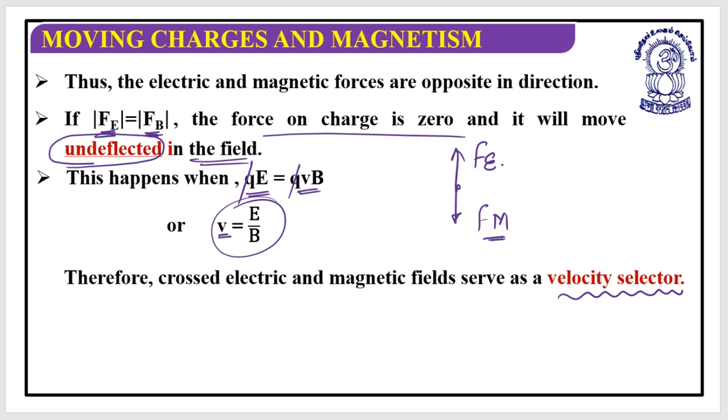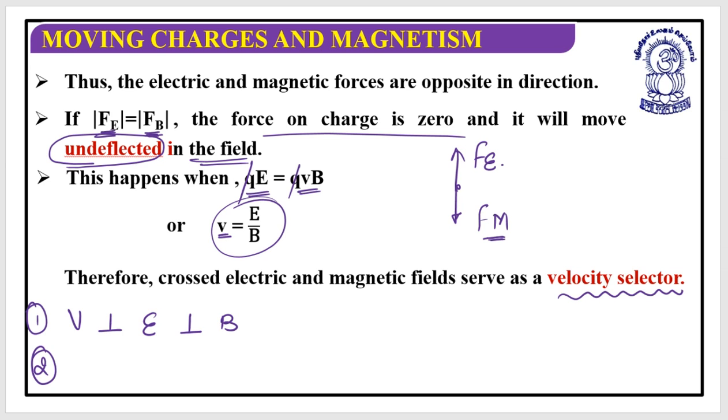Where magnetic field is there, yes. Charge having a motion, yes. Electric field is there, yes. Even though net force on the charged particle is 0, for this, V, E and B must be perpendicular to each other. This is the first condition.